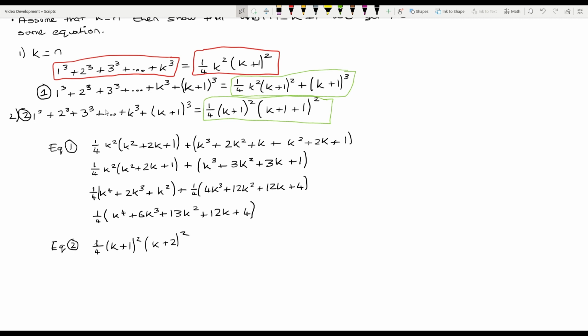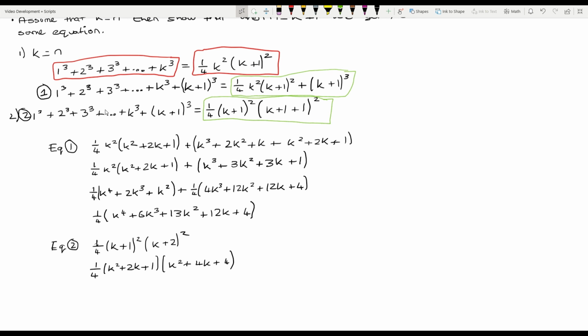Now if we expand these brackets, we get a quarter of (k squared plus 2k plus 1) times (k squared plus 4k plus 4).